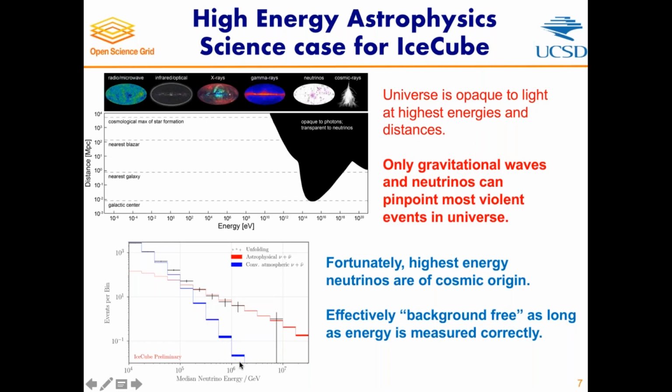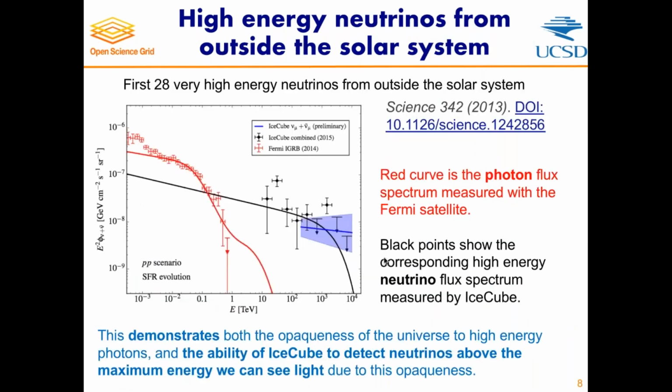And then those neutrinos peter out in energy, and the red curve is the astrophysical neutrinos. What this tells you is that astrophysics survives almost background free at high energies. So we have a background free source of astrophysical neutrinos that probe places that light cannot probe, and therefore we have a fundamental addition to our understanding of the universe.